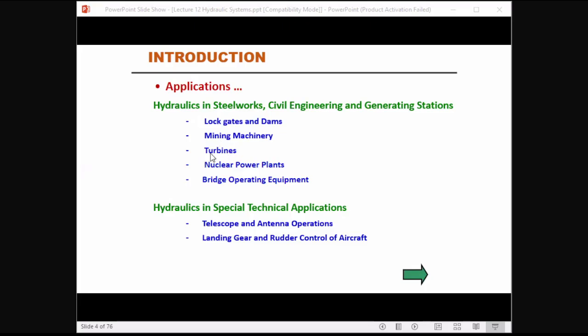Turbine also working using fluid, water. Then nuclear power plants, bridge operating equipments. Then hydraulic in special technical applications, telescope and antenna operations, landing gear and radar control aircrafts.